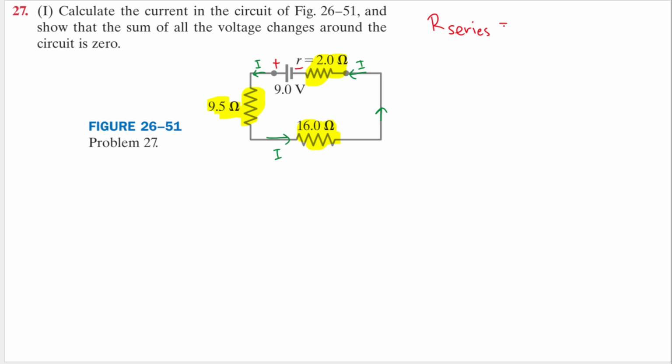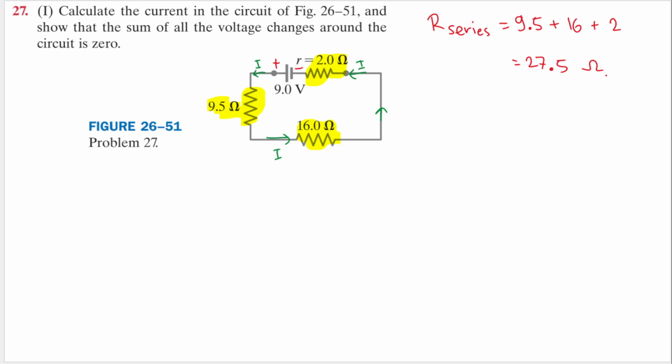So I will have 9.5 plus 16 plus 2 ohm here. 16 plus 2 is 18, and then 18 plus 9.5 is 27.5, and the unit is ohm.